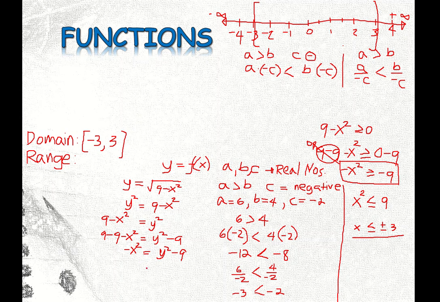So we are going to multiply or divide both sides by negative 1. By the way, we're talking of inequality here. The condition here is that 9 minus x squared must be greater than or equal to 0.